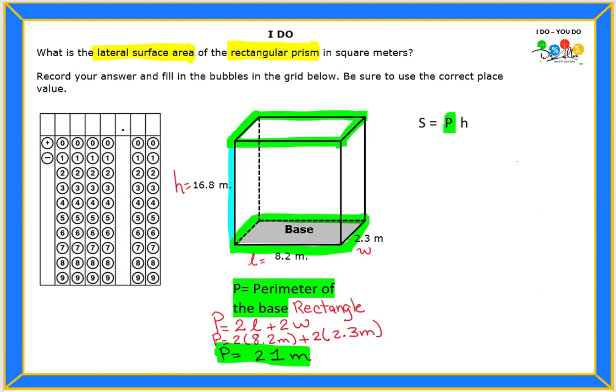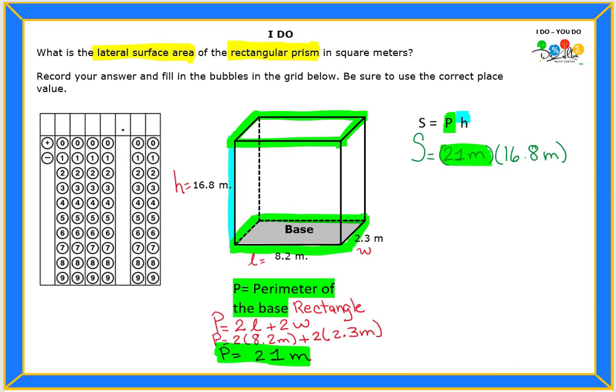Okay, so let's do it. So this is S equals 21 meters times the height. Now remember, we identified the height earlier, and that is 16.8 meters. So this is my perimeter, and again, perimeter is just for the base.